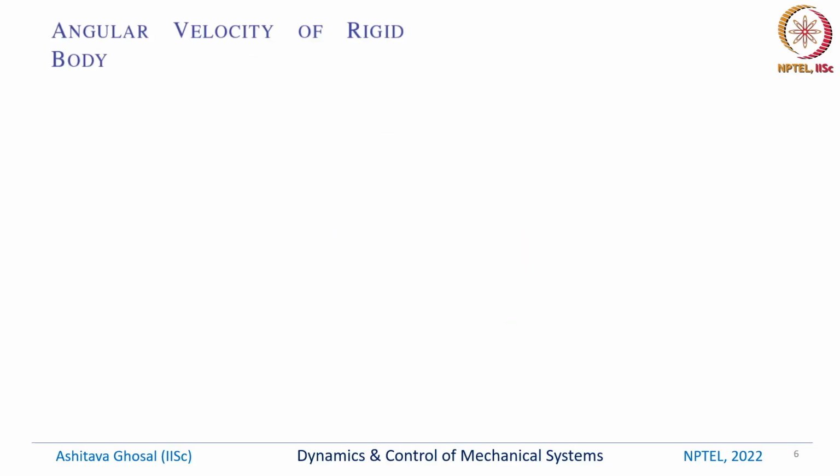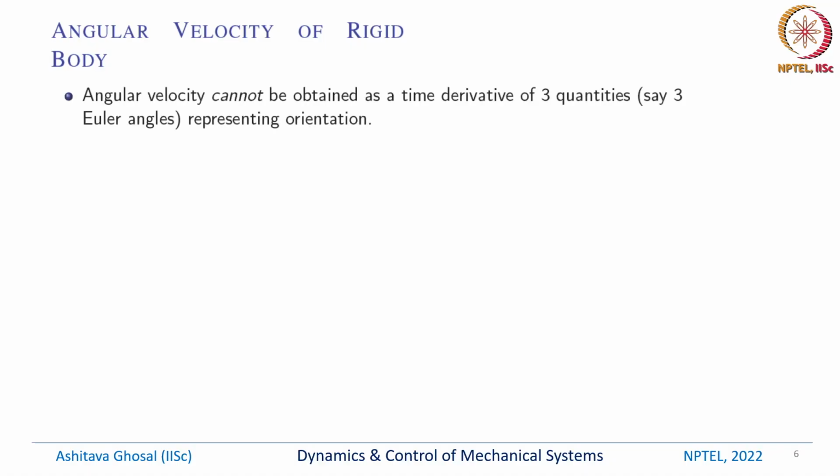Let's continue and look at the angular velocity of a rigid body in 3D space. The first thing to remember is that angular velocity cannot be described as the time derivative of three quantities, let's say three Euler angles. We can represent the orientation of a rigid body using three Euler angles, say theta 1, theta 2, theta 3, but we cannot describe the angular velocity only in terms of theta 1 dot, theta 2 dot and theta 3 dot.